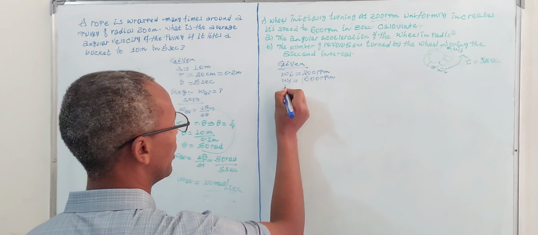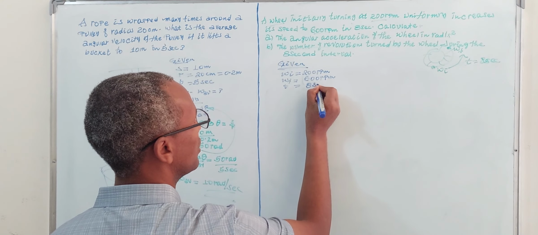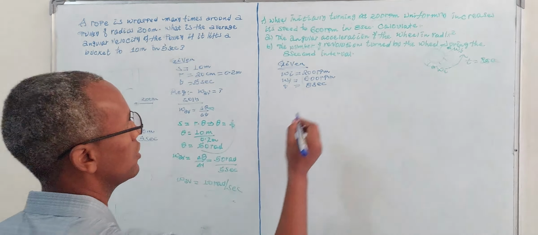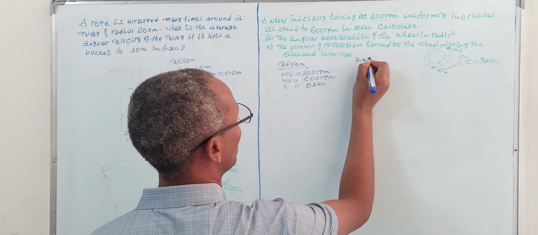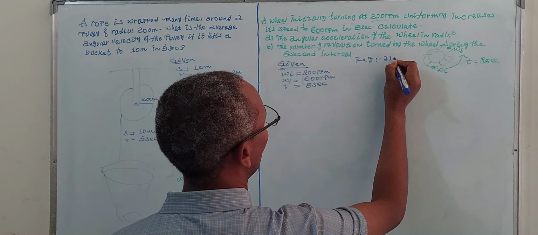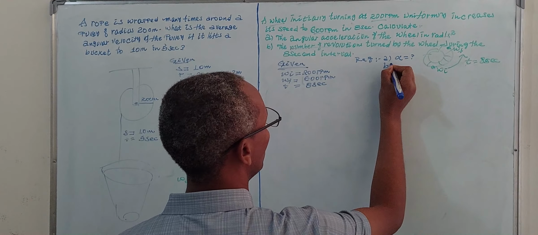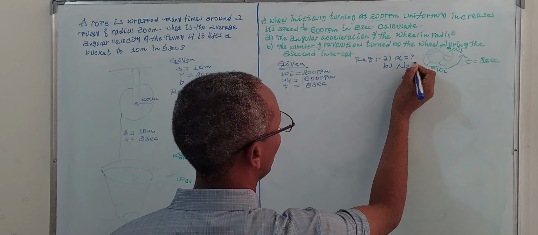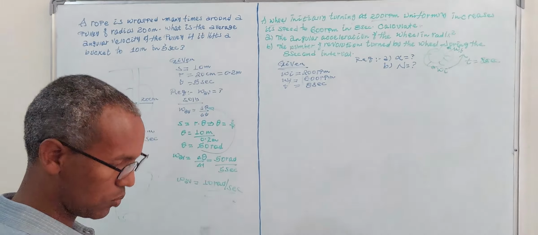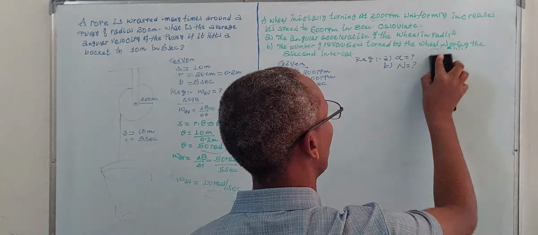And the time taken is 8 seconds, right? So that's it. Then the required terms are: A, the angular acceleration, which is a question mark, and B, the number of turns. That is what you need to calculate in this question.